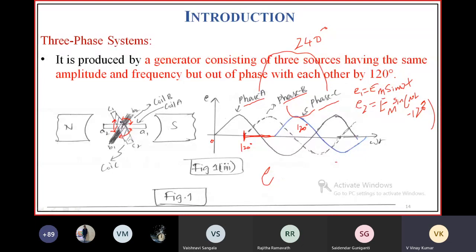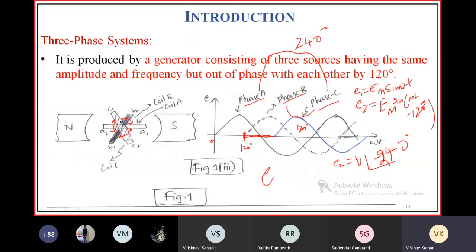So you can write E2. It is difficult to write EM sin omega, so let me write the RMS value V at an angle minus 240 degrees. Here E1 is equal to E at an angle 0 degrees.